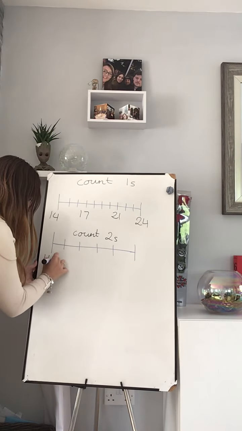What am I counting on? I'm counting in tens. Is it 0, 10, 20? Yes, I am. Well done, you. So, if I'm counting in fives there, what is the number of this line? 0, 5, 10.